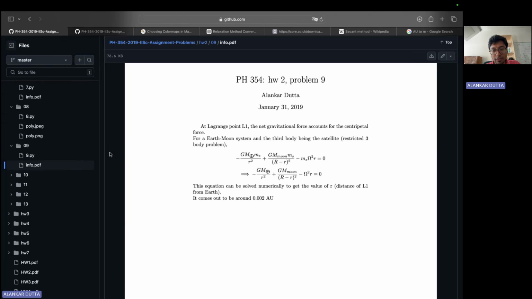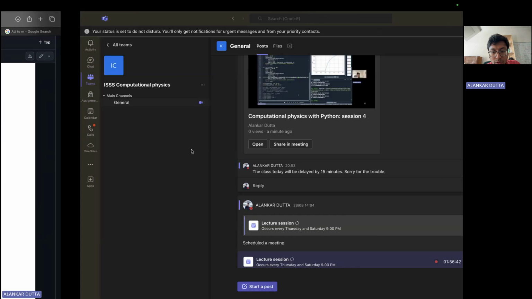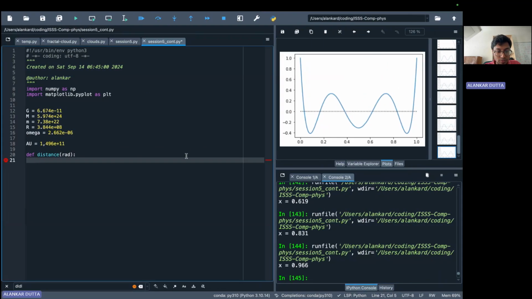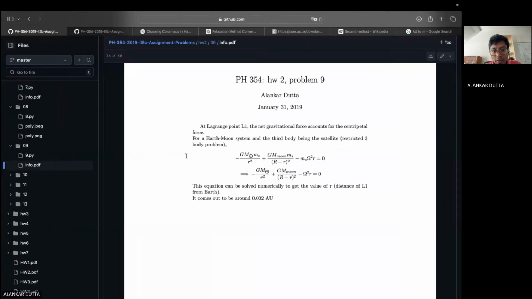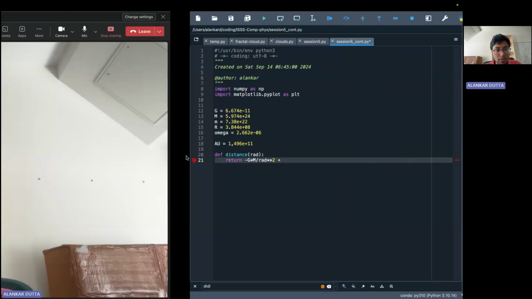Which is GM over R square. So we return minus G times M over rad square, plus G M moon over R minus small r square.